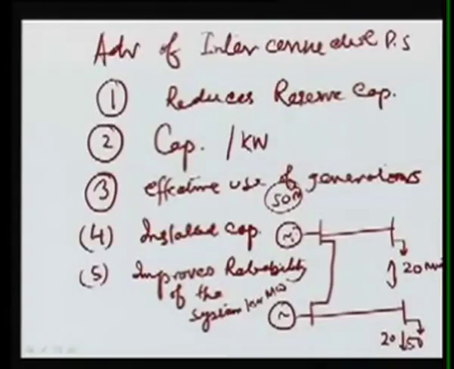But if we interconnect here, even though this generator is tripped and there is some problem, it is possible to feed power through this transmission line to here. There is a possibility that this generator may not be capable of supplying complete power, but we can maintain some of the emergency services of the system. Means we can feed some of the power, or we can reduce the load in this area, and finally we can supply it. So the reliability of the system is improved with the interconnection of the system.